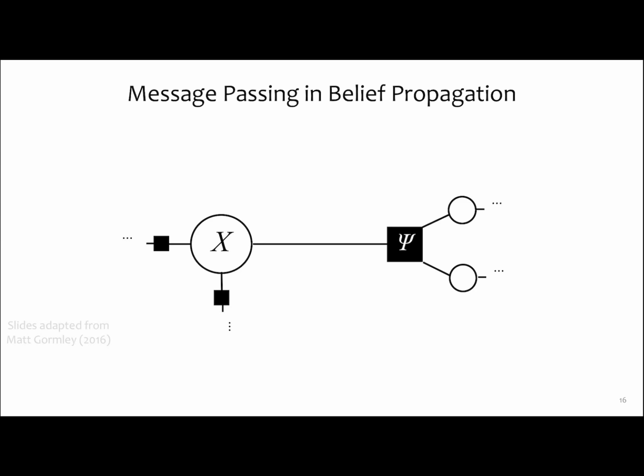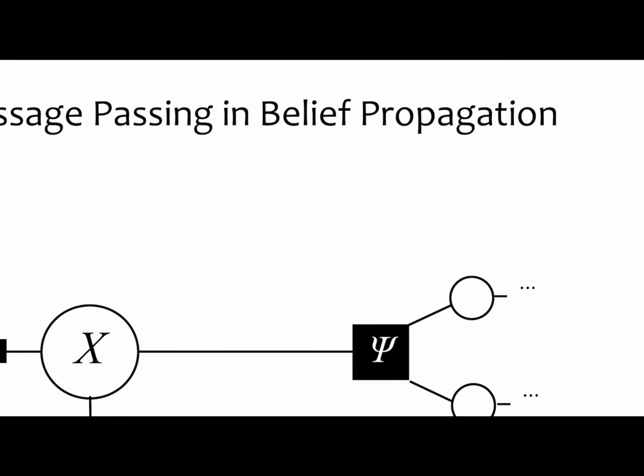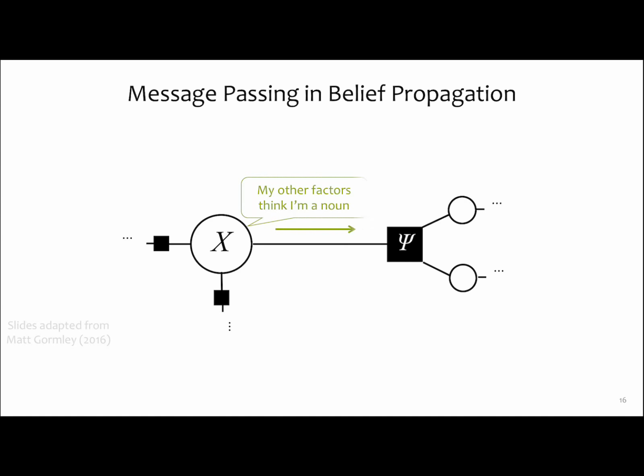So we can view each of these words as a random variable and the dependencies between them as factors. Here X, Y, and Z, I'm showing only part of this graph, and each of the circles represents one random variable, so let's say a word. Factors combine information from the rest of the sentence.